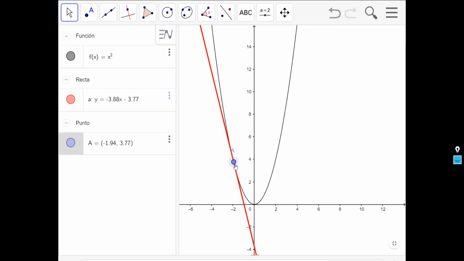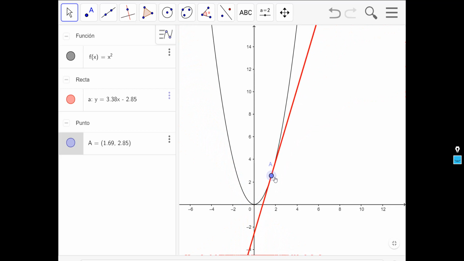So the point A, if you notice, is the point through which the tangent to this graph goes through. Okay, so basically we have the function x squared and several tangent lines that we can vary or change. Can you see? It's very nice.